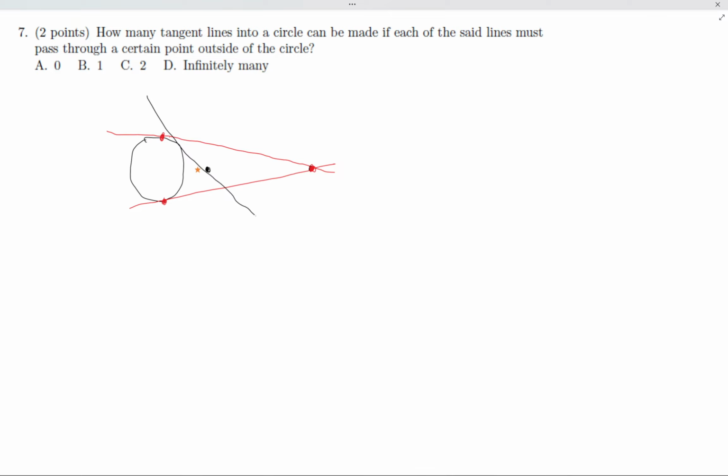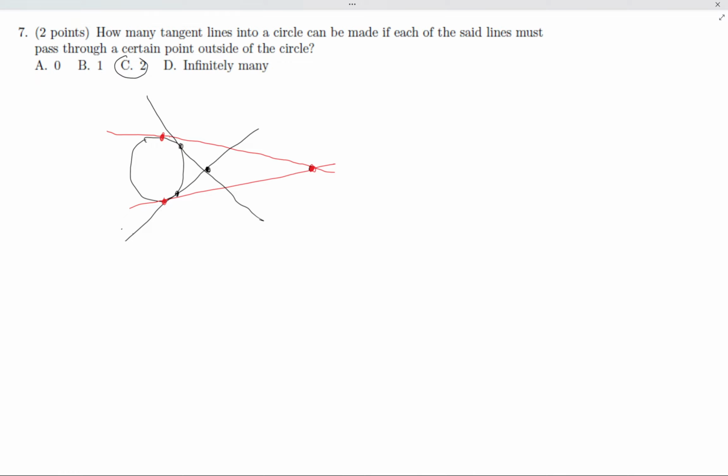So let's change up the point of tangency a bit, probably this way. Okay, so this is the point of tangency for each of them. Now, the same holds true: there are only 2 possible tangent lines. The moment that you take the fixed point inside the circle, you cannot really create a tangent line in that manner. Okay? So in that case, the answer is 2.